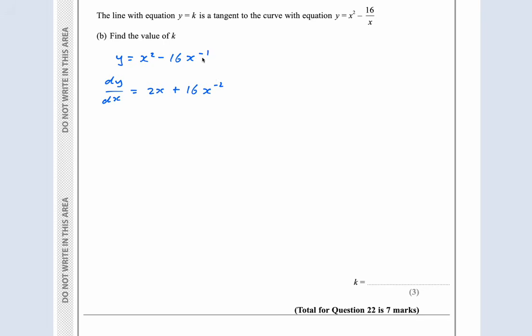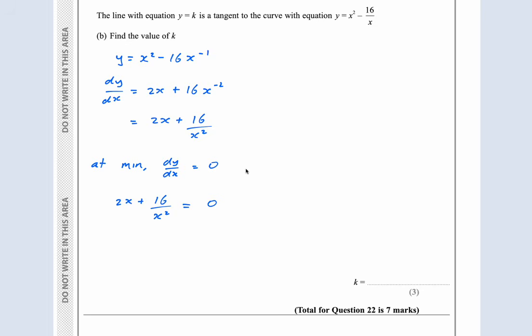That's like part A. Multiply by the power, subtract 1 from the power. This is 2x plus 16 over x squared. Now at the minimum, dy/dx equals 0. So my 2x plus 16 over x squared equals 0.